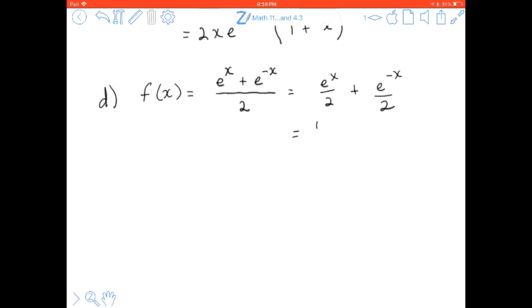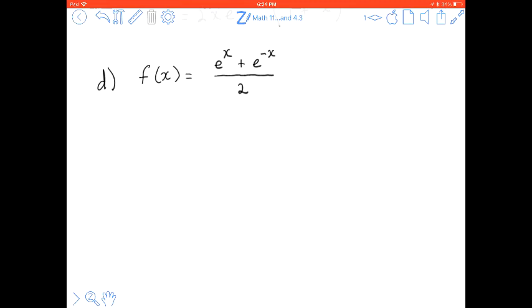Rather than dividing it by 2, you could multiply it by 1/2 and consider the 1/2 as a coefficient. So we've got a new form of f of x that I think will be easier to differentiate, because we can differentiate separate terms now.